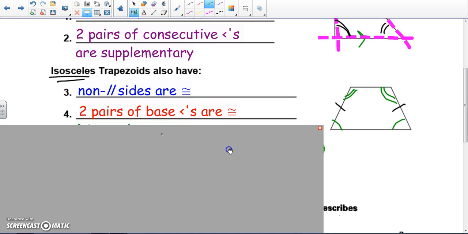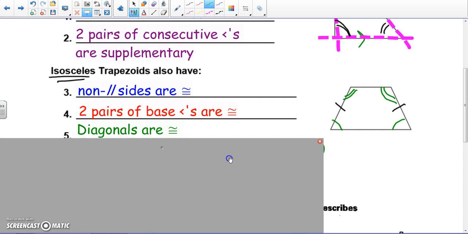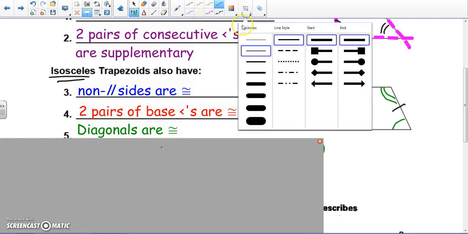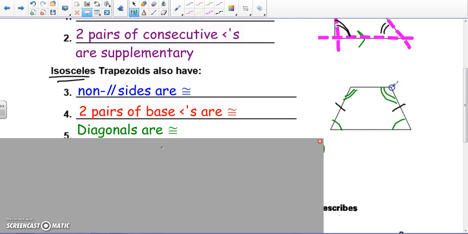Third, again, pause if you need to. This is a rule that you have to be careful with. The diagonals are congruent. So diagonal right there and diagonal right there. Let me get a straight line out actually.